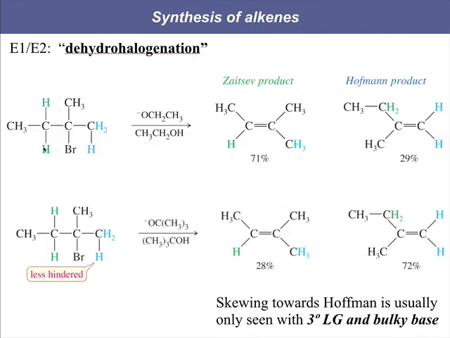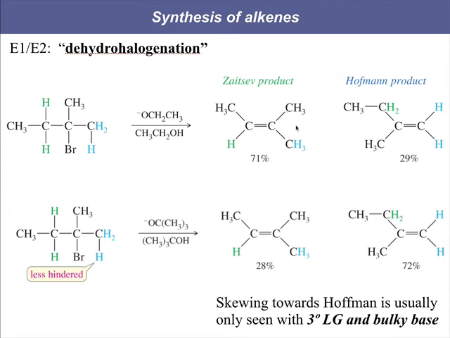Remember that E1 and E2, dehydrohalogenation, follows Zaitsev's rule. If we have the choice of making a monosubstituted alkene, or I guess in this case it's a di-substituted, we've got the ethyl group on the double bond and a methyl group on the double bond. That's di-substituted, the hydrogens don't count. Here we've got tri-substituted, methyl on the double bond there, two methyls on the double bond there.